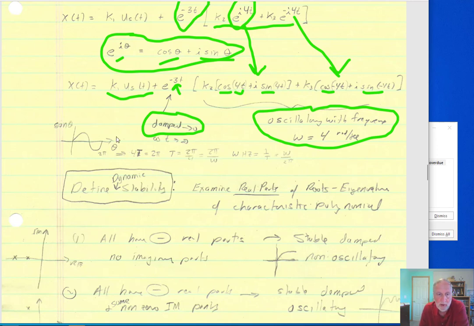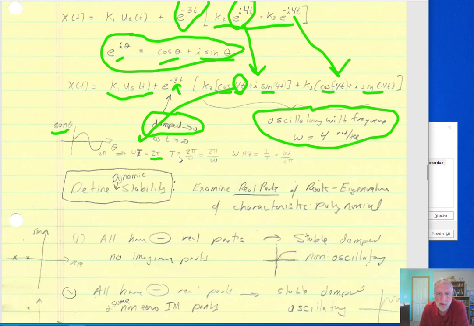If you want to, I've done a little side note here. If you plot sine theta, it goes from 0 to 2 pi as it oscillates. So if the angle is 2 pi, it's gone through one period. So that means that 4 times t, which is the angle in the cosine up here, has to equal 2 pi at that time after it's gone all the way through one period.